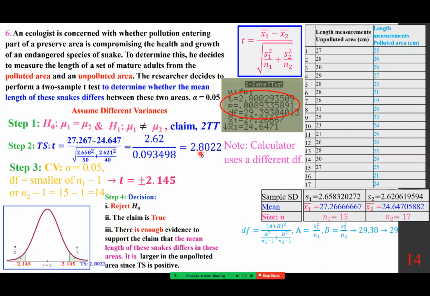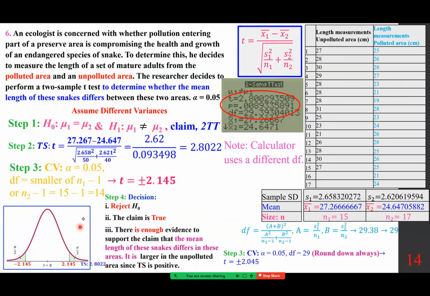Here's the p-value. The critical value alpha is 0.05, degrees of freedom is 29. If we go with the table and 29, we get a critical value that is different than what we have, because over here we use 14. The larger the degrees of freedom, the slightly smaller it is, because it becomes closer to the actual z values in the tables.